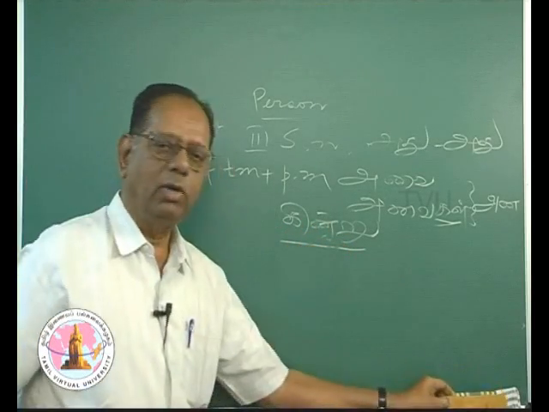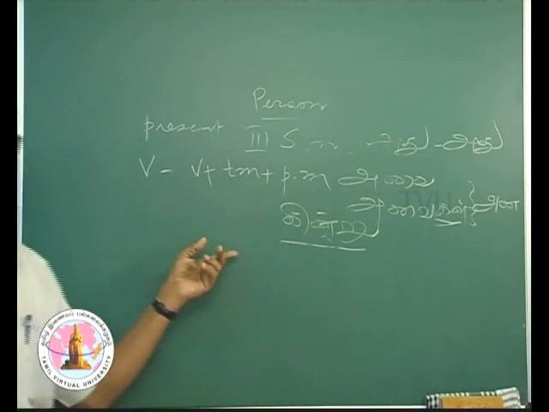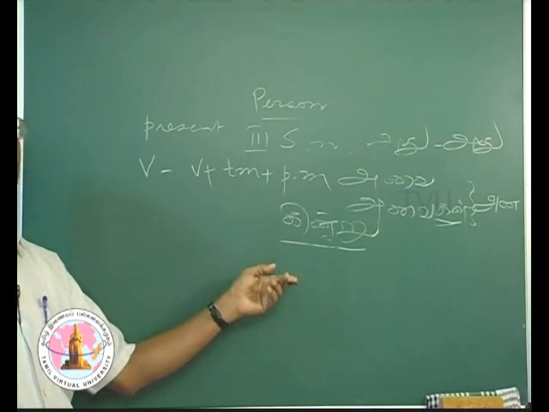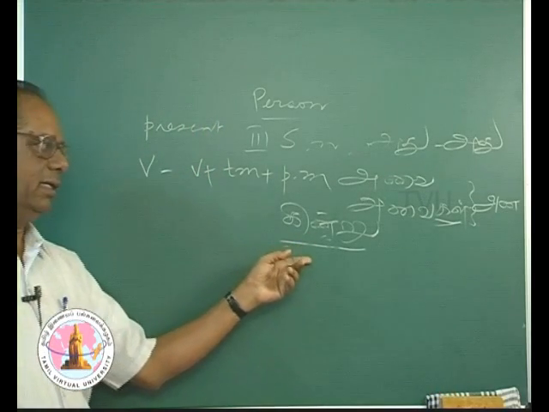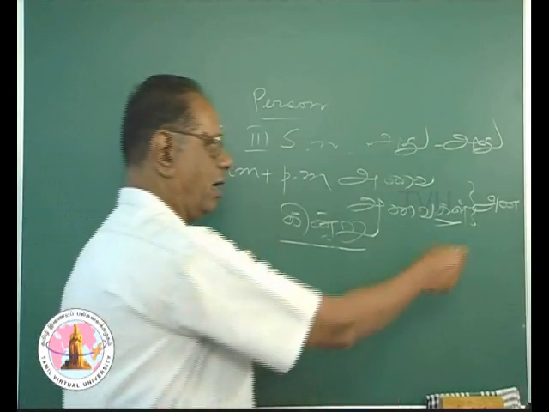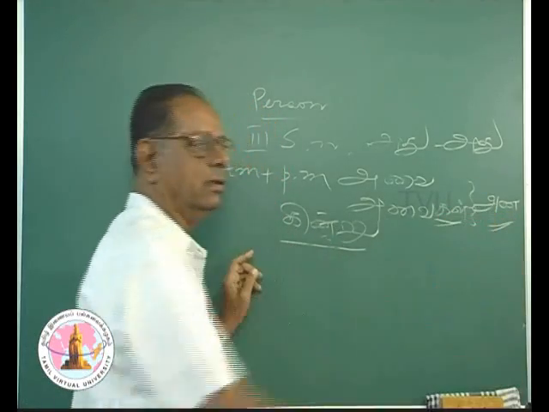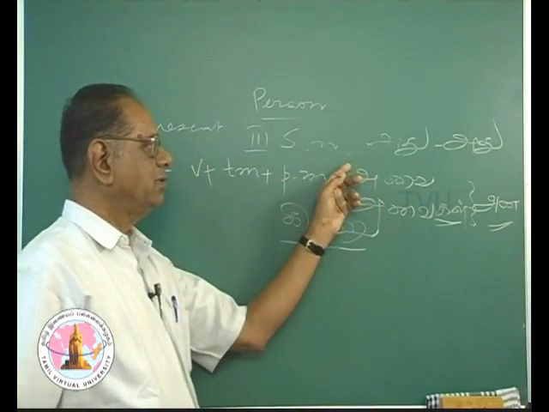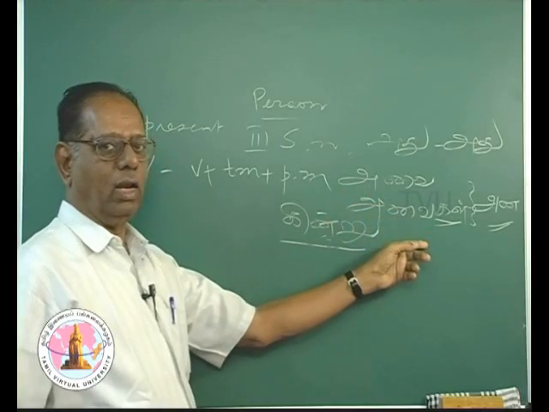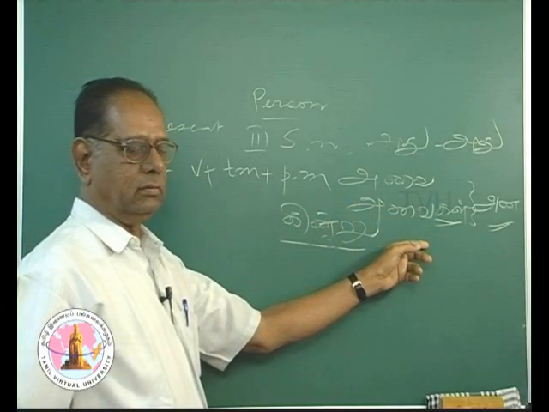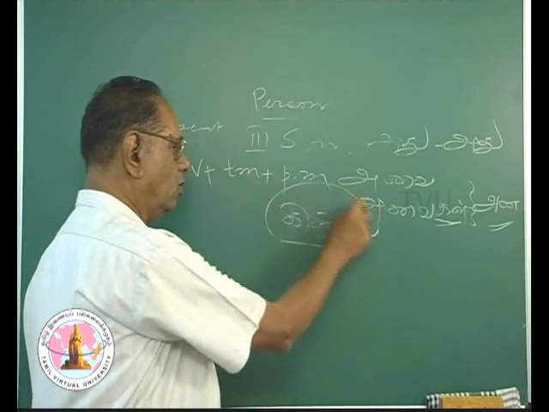You must be wondering why I have introduced this now. We need it now. That is, for ana, that is third person neuter gender plural, they use this kindru.